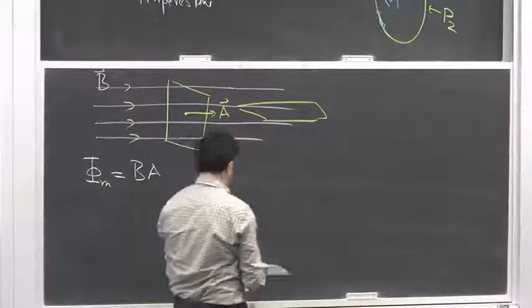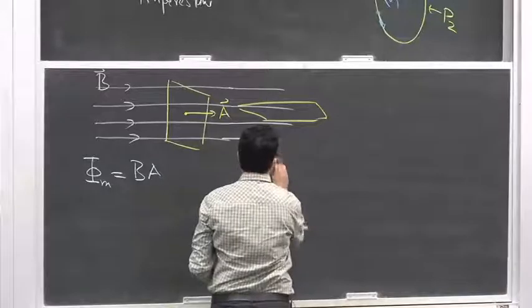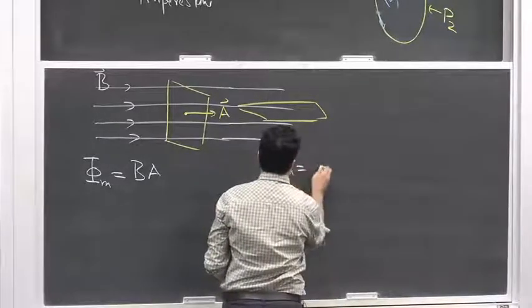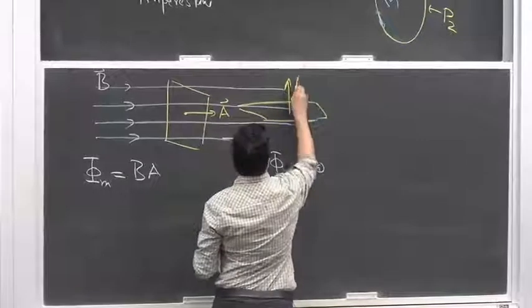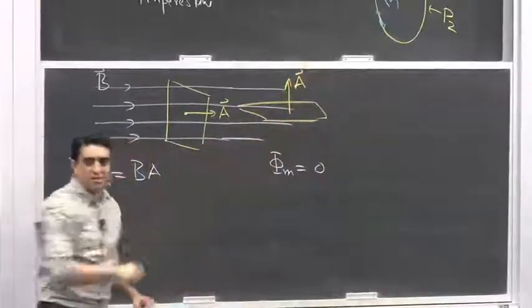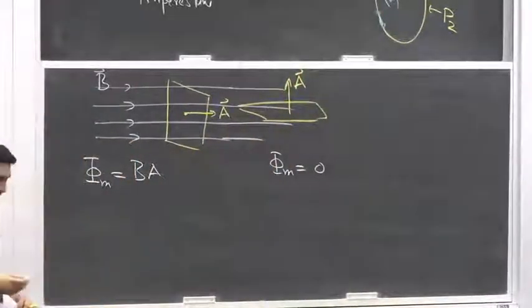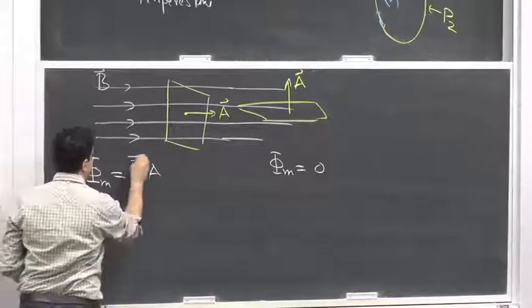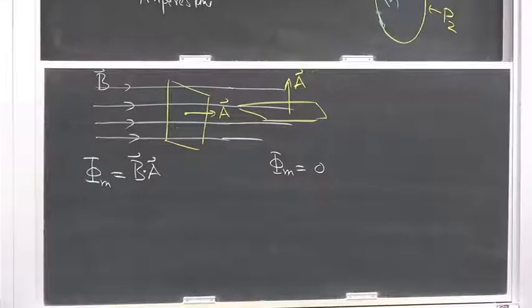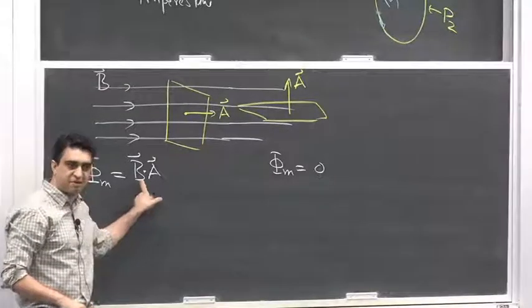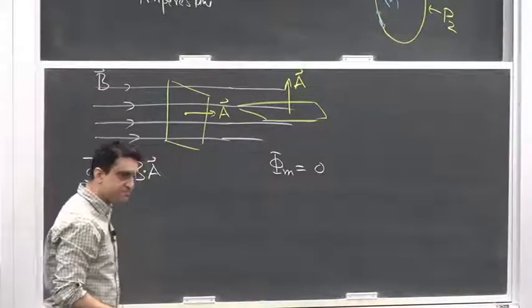So in this case the magnetic flux equals 0, because the area vector is perpendicular to the magnetic field. So the magnetic flux is a dot product of the area and the magnetic field. This is the same way we define electric flux as well. The only difference was there was an electric field and not a magnetic field.